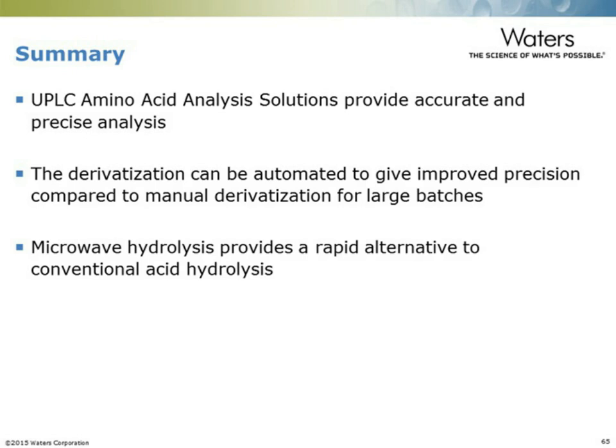We showed that we can get a linear response and that we can use an electrospray mass spectrometry system to identify peaks for purposes of validating the method or for purposes of investigating an unexpected result. We did show an example of automating the derivatization for improved precision, and we also showed some of our early investigation of microwave hydrolysis to provide an alternative to conventional acid hydrolysis.